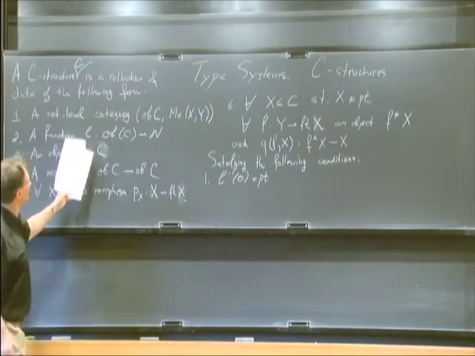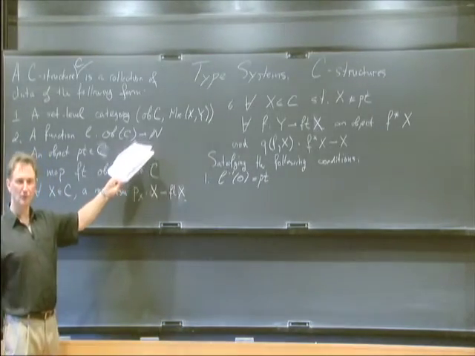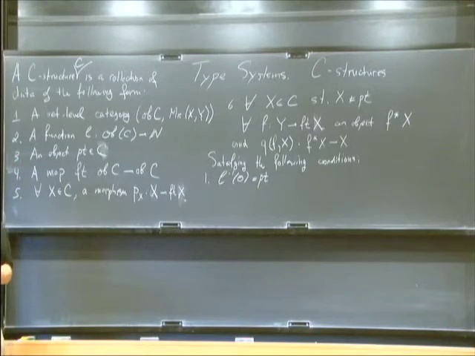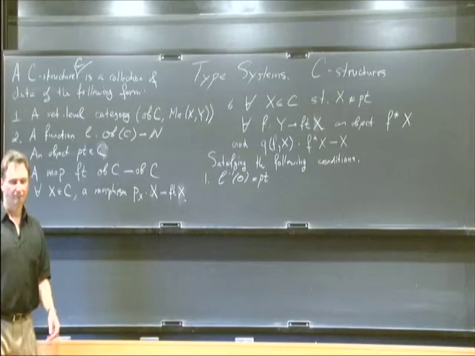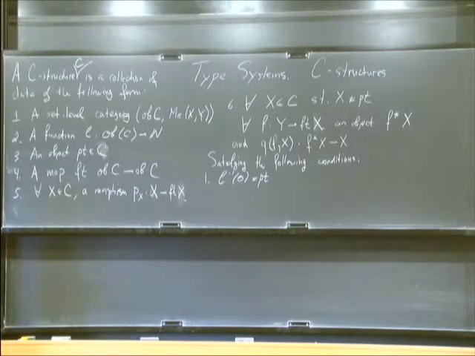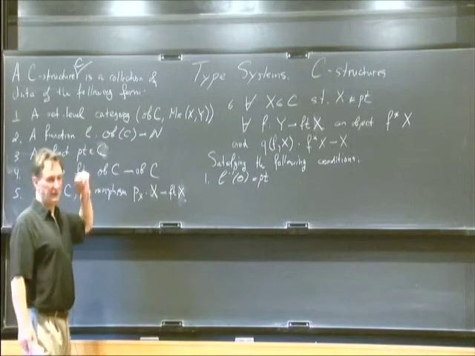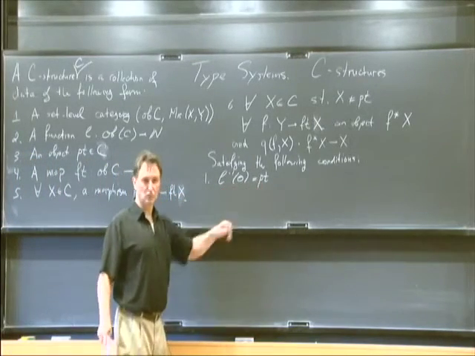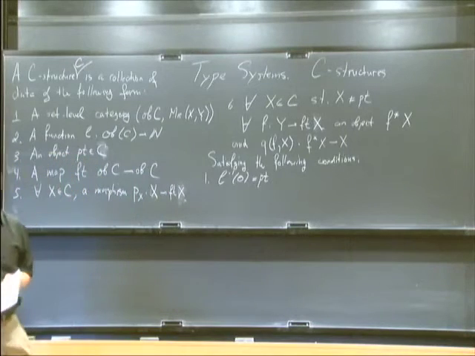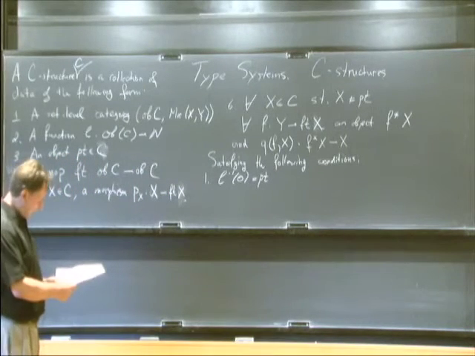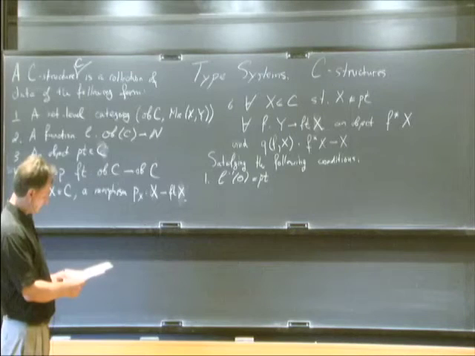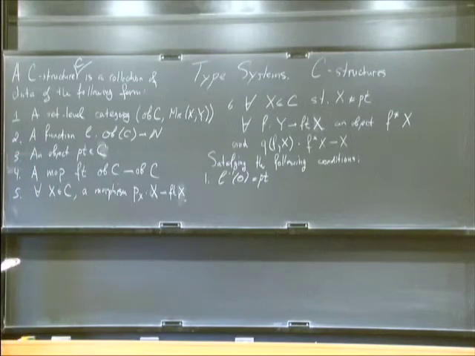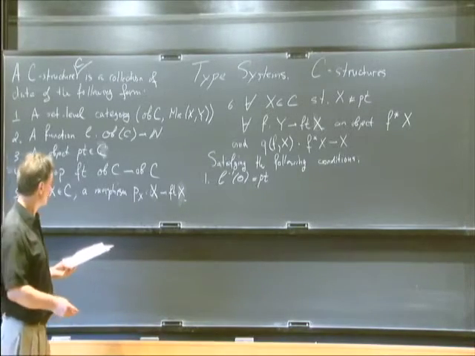So this function here, which assigns a number to every object of C, maybe I should call it something like length. Or maybe syntactic length would be better if there is some conflict, but I'll just call it length. So the only object of length 0 is the point.